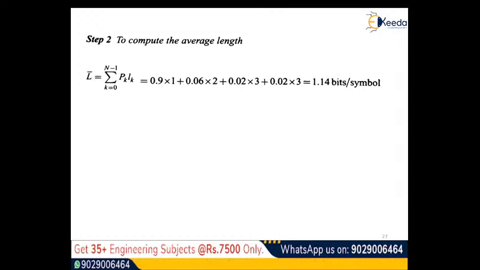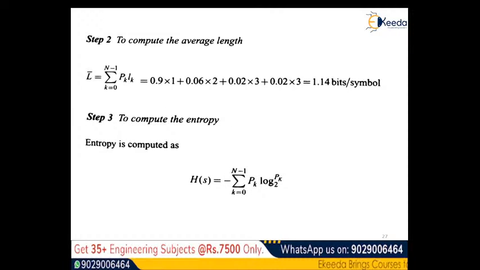Then we have to compute the entropy. Here we have the formulation of the entropy that we have utilized earlier, and we just substitute the probabilities of occurrence. For the current case, the entropy denoted H of S is equal to minus the summation from k equal to 0 to capital N minus 1 of pk log to the base 2 of pk, expressed in 4 terms.